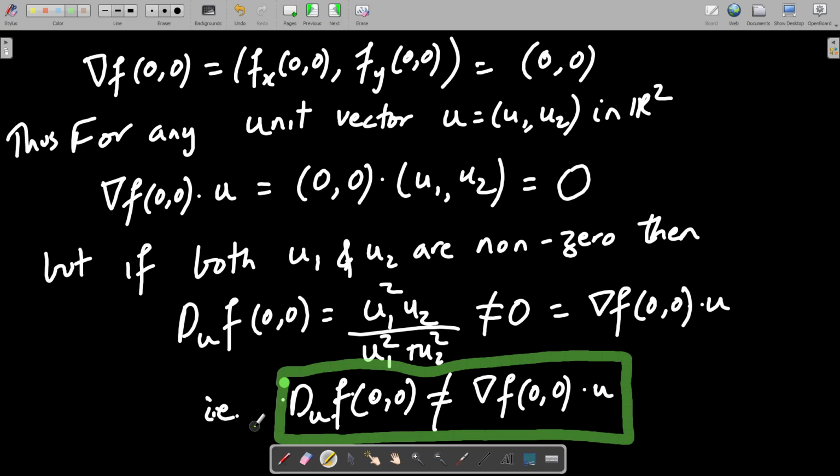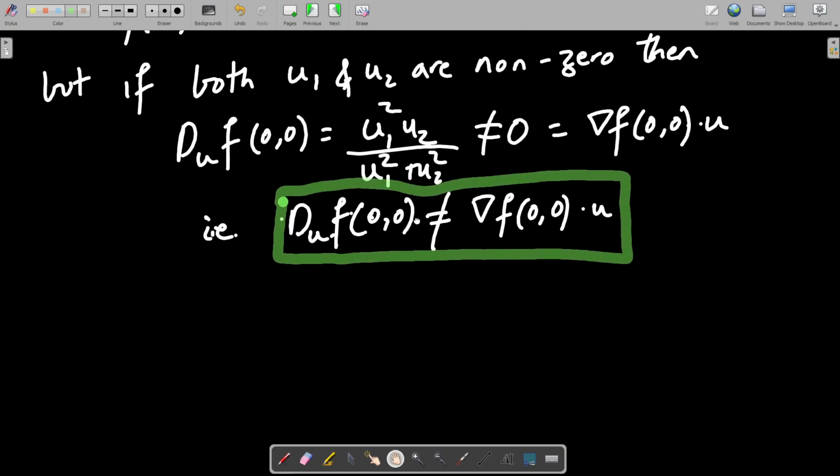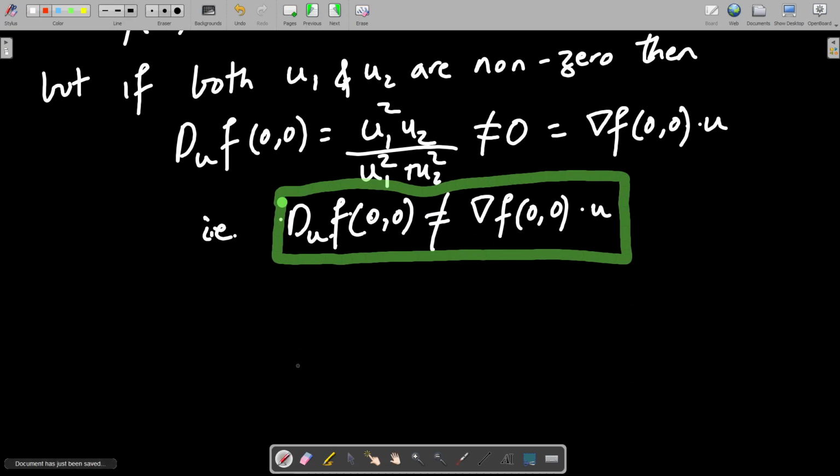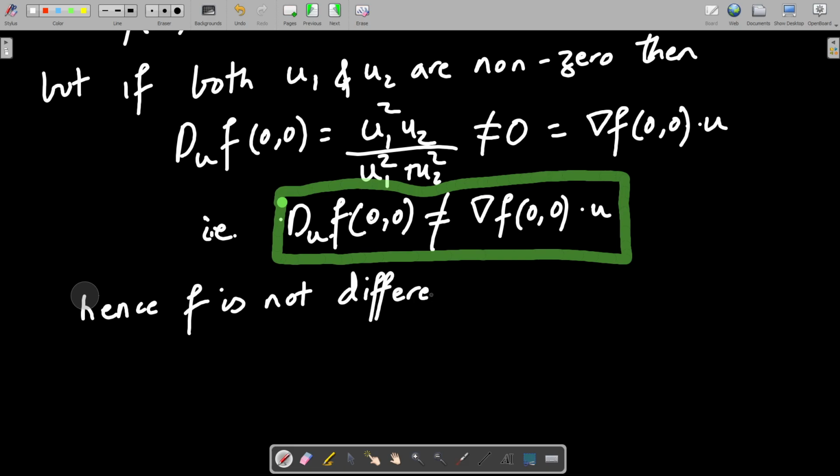That means the function is not differentiable, because if it were differentiable, it should have satisfied this identity. Hence, not differentiable, because every differentiable function satisfies this identity.